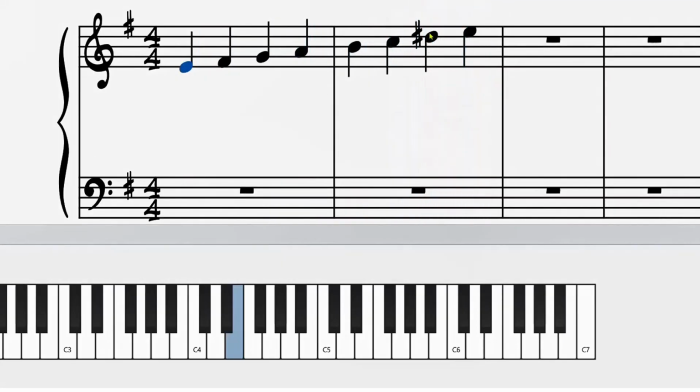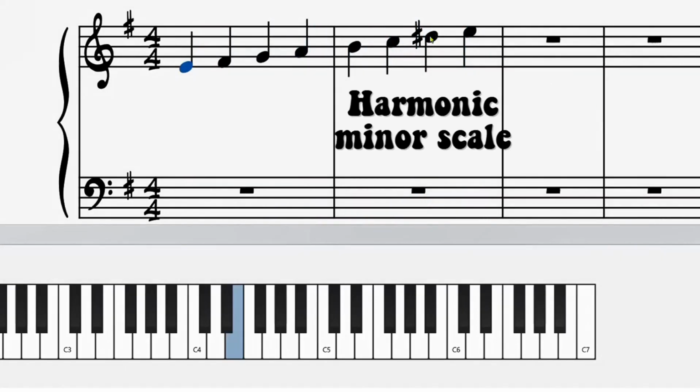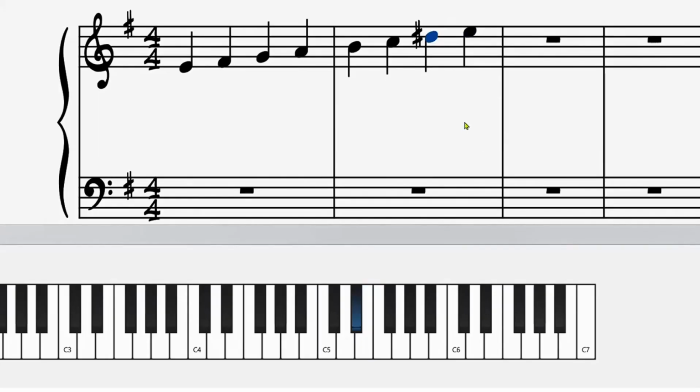Okay, that turns it into a harmonic minor. There's this sharpened 7th degree. Just like that F7 in the last couple examples, it wants to lead our ear up into this octave, this E right here, which is the whole point. That's why they do that.